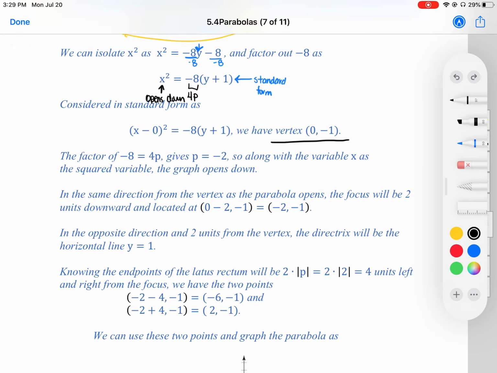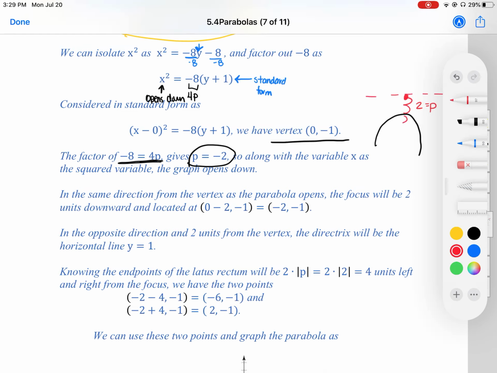Now we need to divide -8 by 4, by that formula 4p, which essentially only divides it by 4. So we get a p of -2. We just want the value of it, because we already determined that it opens down. So this p-value is going to help me move 2p, that value p being 2, away. That's going to give me my directrix.